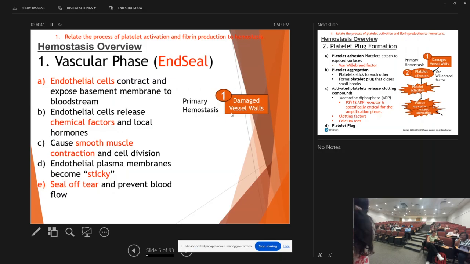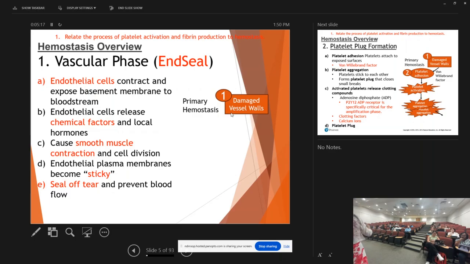Because there's damage in the endothelium, because that's where the vessel's endothelial cells lie, right? Those cells will contract and expose the basement membrane to the bloodstream. So once the cut happens, the endothelial cells immediately contract, and it exposes the basement membrane to the bloodstream, and these will start releasing chemical factors and some hormones that lead to the contraction of the smooth muscle cells.